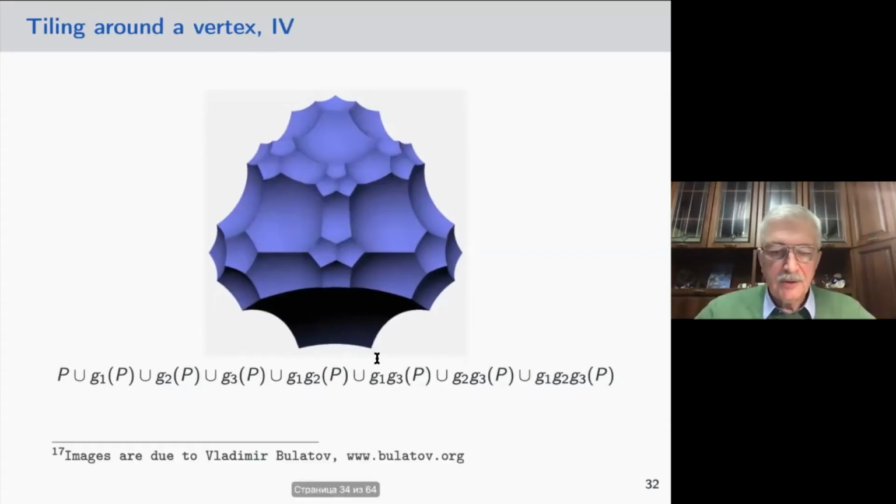And finally, you get a union of 8 copies of our original dodecahedron. And you obtain a manifold by pairwise identifications of faces of this new polyhedron. This picture is due to Vladimir Bulatov, who produced a lot of nice pictures of hyperbolic geometry. You can go to his homepage. Okay, so we start from an arbitrary Pogorelov polyhedron, and from 8 copies we can obtain a manifold.